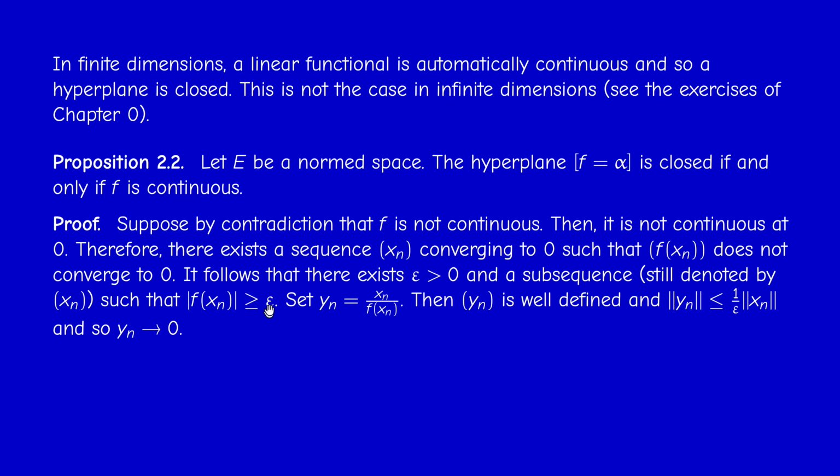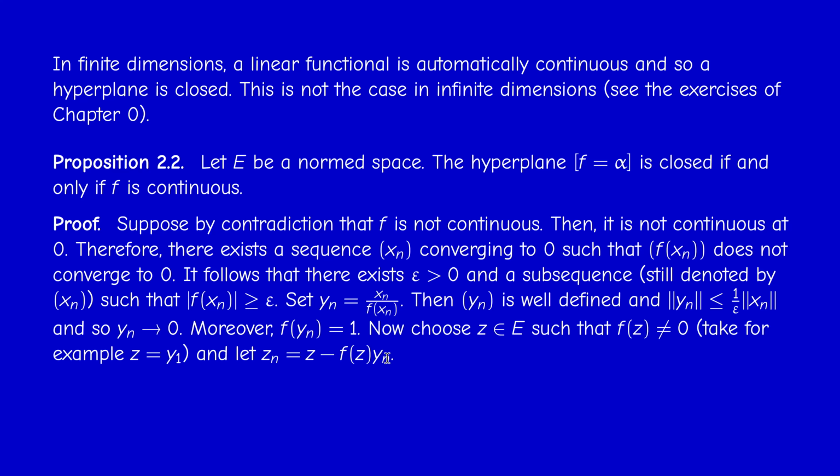But since the absolute value of f of xn is bigger than epsilon, then 1 over the absolute value of f of xn is less than 1 over epsilon, so the norm of yn is less or equal than 1 over epsilon times the norm of xn, and therefore yn tends to 0 because xn tends to 0. And if you apply f to yn by linearity, you'll get f of xn over itself, so you get 1.